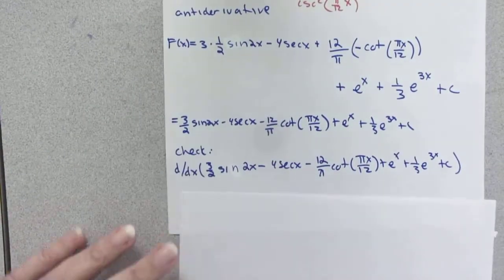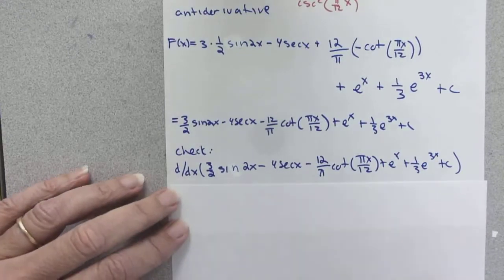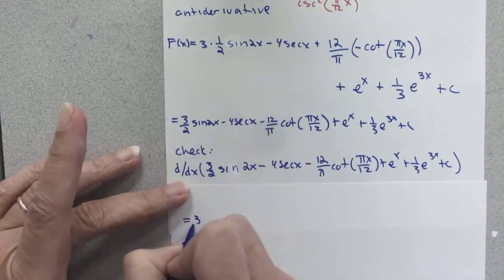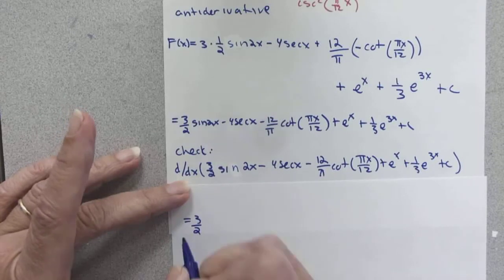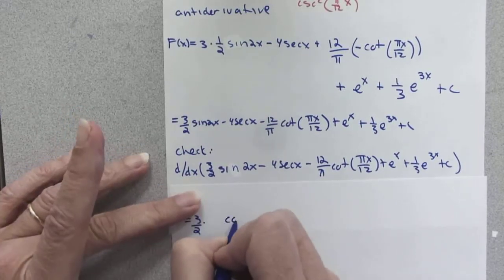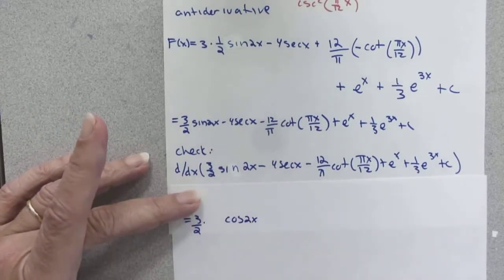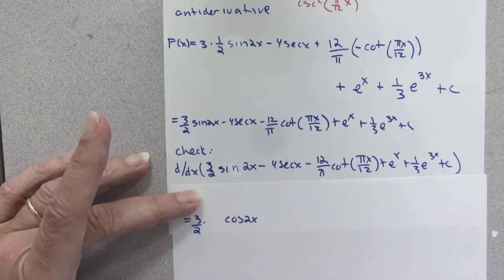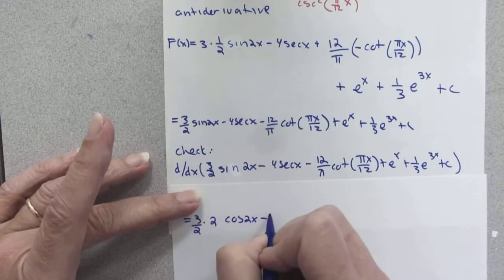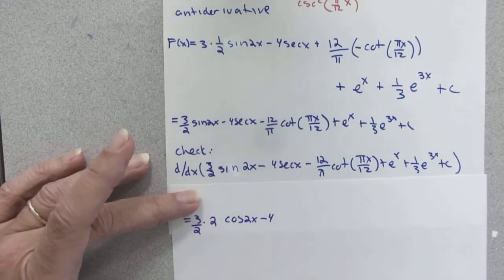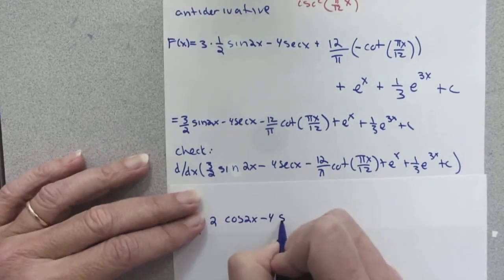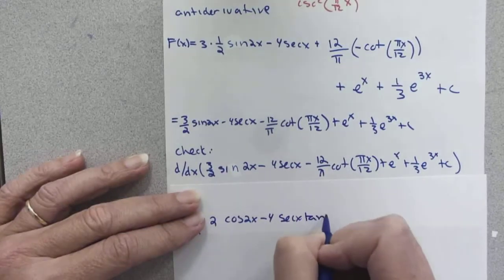So now, carefully differentiating these things. 3/2 is just a coefficient, it's just going to stay there. Derivative of sine is cosine. My angle doesn't change. Chain rule, the effect of that 2 when I'm differentiating is to multiply by it. 4 is just a coefficient, so it's just going to stay there. Derivative of secant is secant tangent.